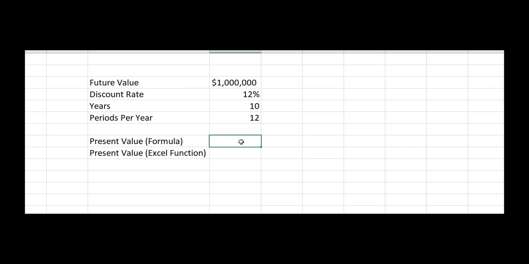So what I want to do is enter a formula for the present value. The present value is equal to the future value multiplied by, open parentheses, 1 plus our interest rate divided by the number of compounding periods, the periods per year, in this case 12. So I click on the 12, and then we close that parenthesis.